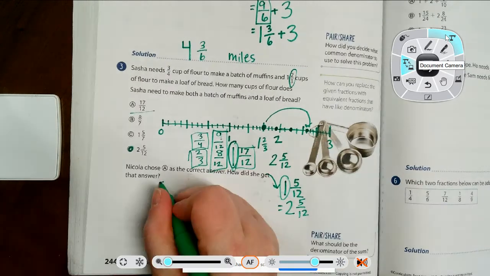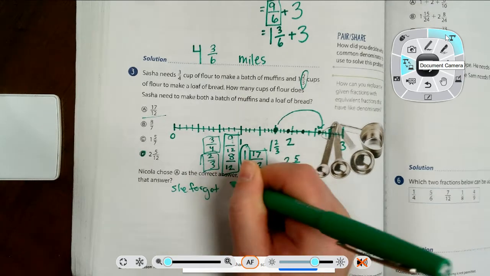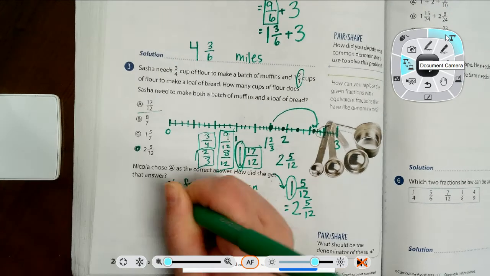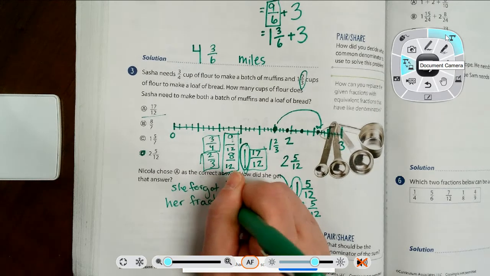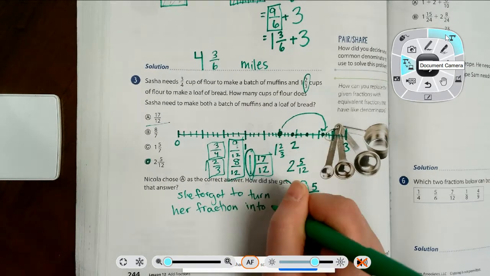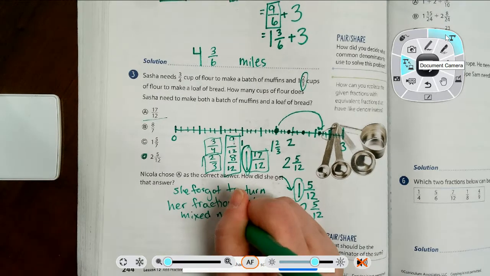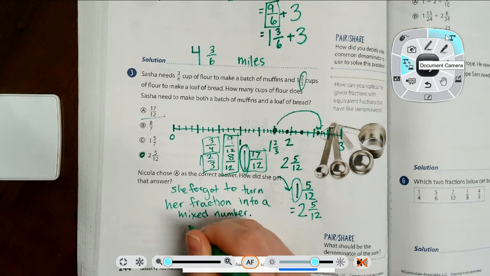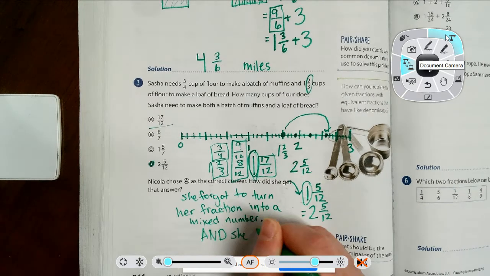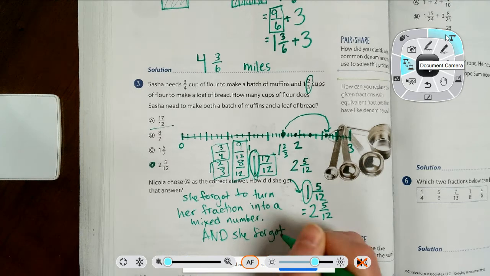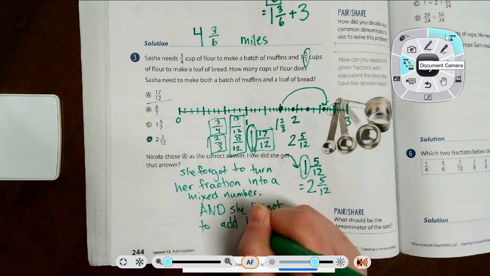She forgot to turn her fraction into a mixed number. And, big and, she forgot to add her whole number.